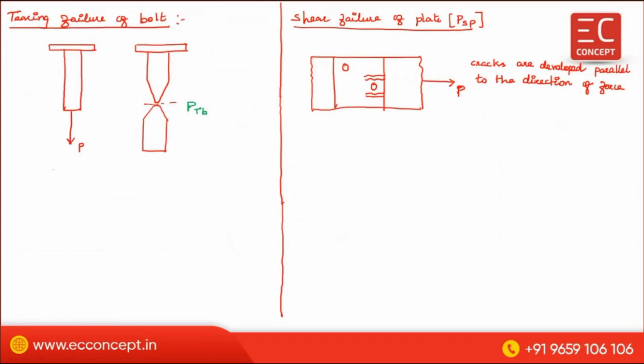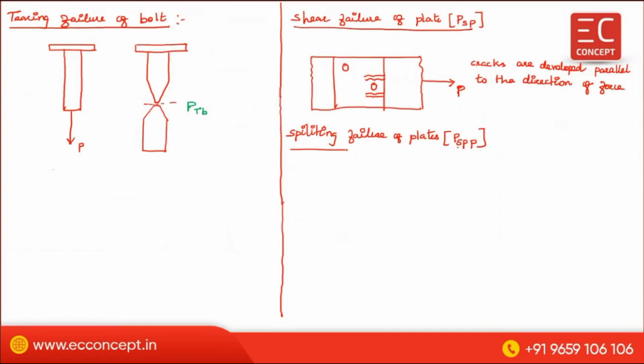Okay, the second one is the splitting failure of plate, that is SP. SP means splitting, P means plate.